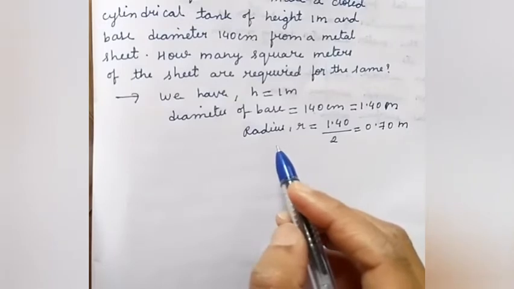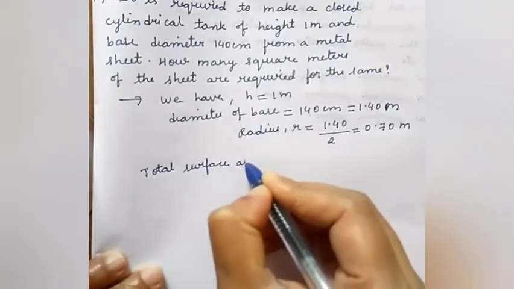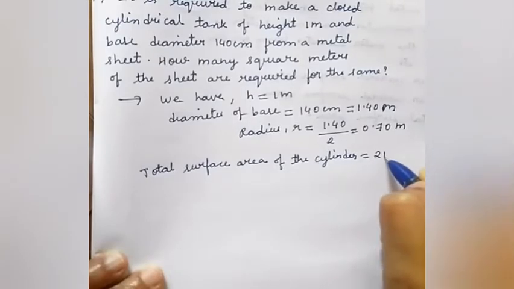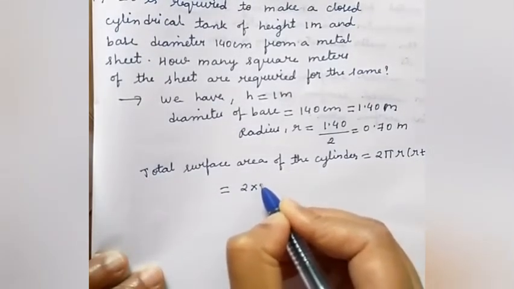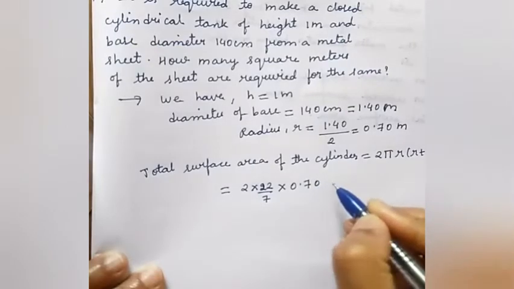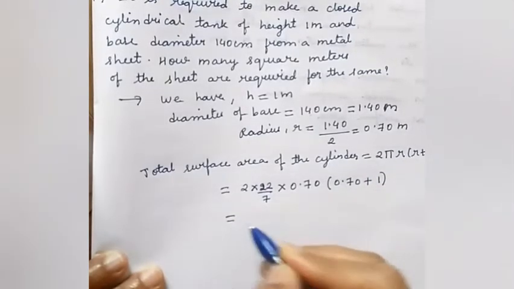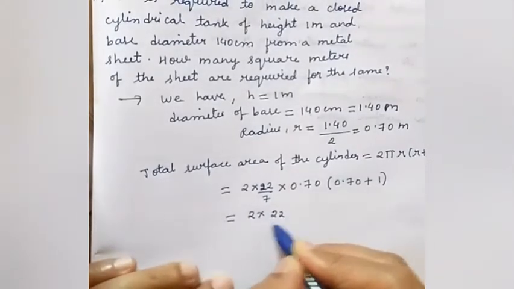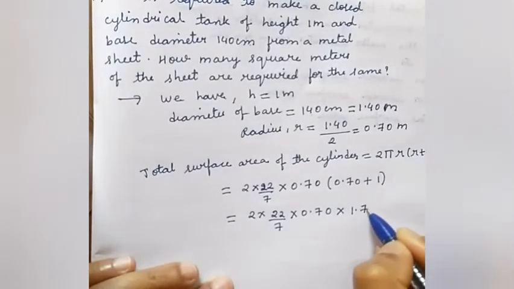So we are asked to find the total surface area of the cylinder. So total surface area of the cylinder is equal to 2 pi r into r plus h, that is equal to 2 into pi is 22 divided by 7 into r is 0.70 into r is 0.70 plus h is 1, that is equal to 2 into 22 divided by 7 into 0.70 into 0.70 plus 1 is 1.70.